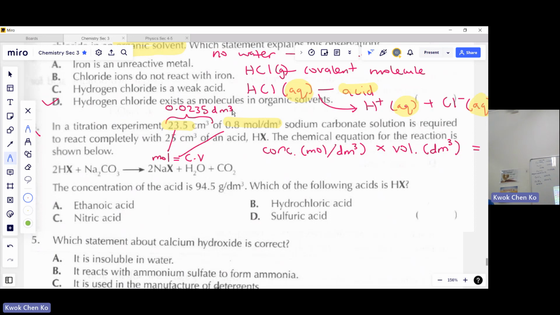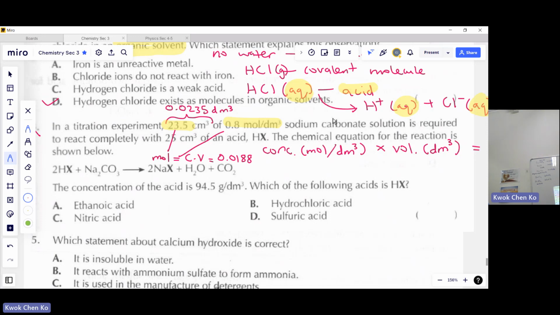Remember, use dm cube. So if I work them out, 0.0235 times 0.8, that would be my answer. So my moles is 0.0188.